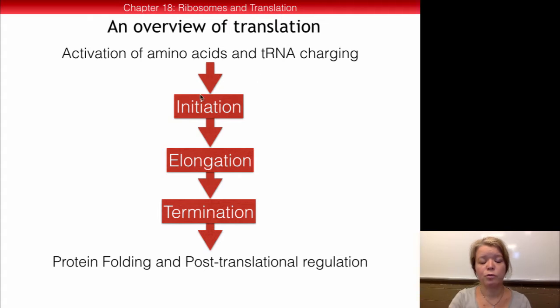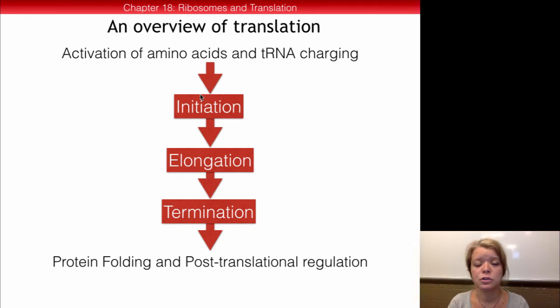So the first step of the process of translation is initiation. The ribosome has to recognize the mRNA molecule. It has to assemble itself because it doesn't exist as a complete ribosome, both large and small subunit, inside the cytosol unless it's bound to the mRNA.